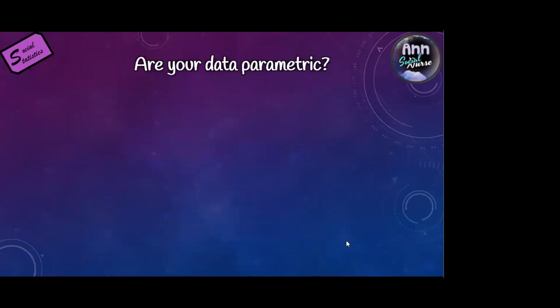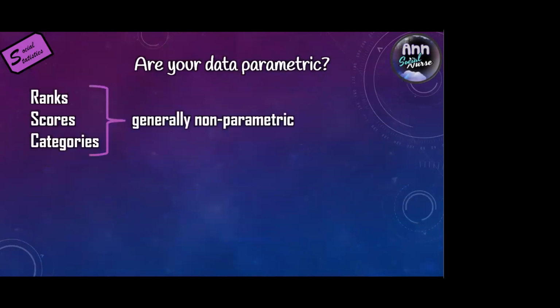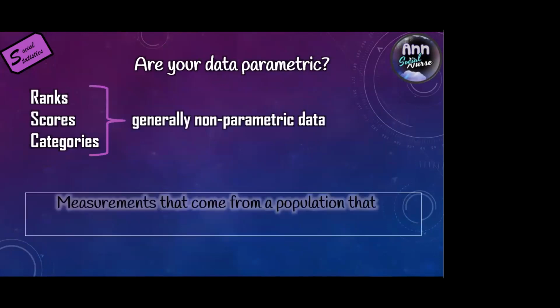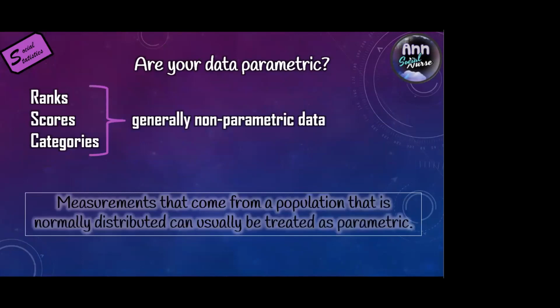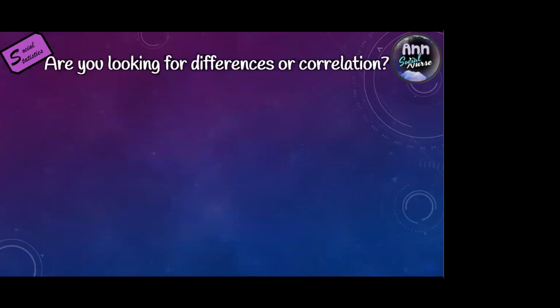Are your data parametric? Ranks, scores, categories generally are non-parametric data. Measurements that come from a population that is normally distributed can usually be treated as parametric if it's normally distributed. Are you looking for differences or correlation? You have two sets of data.